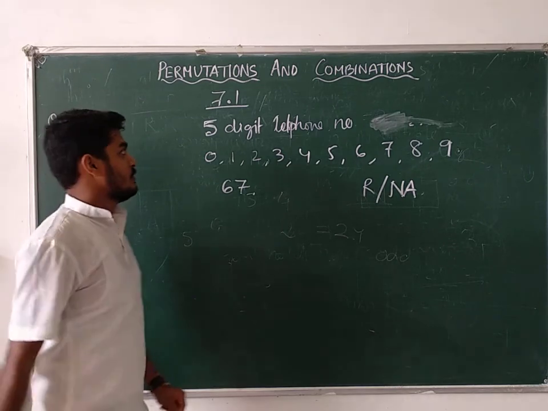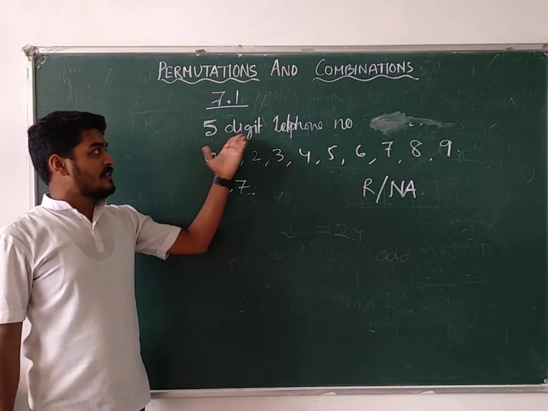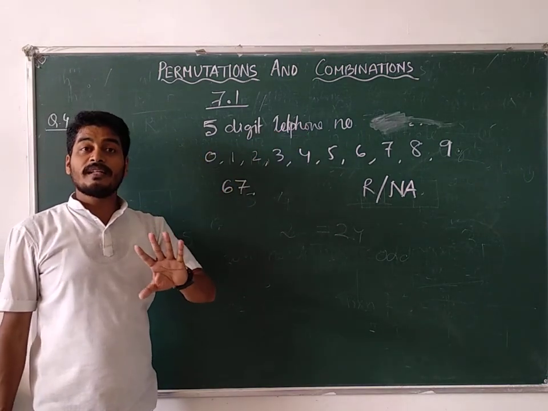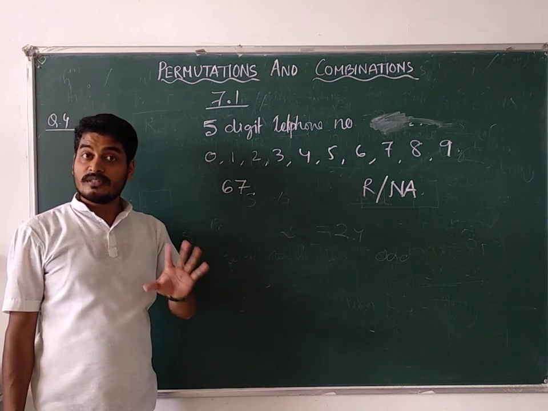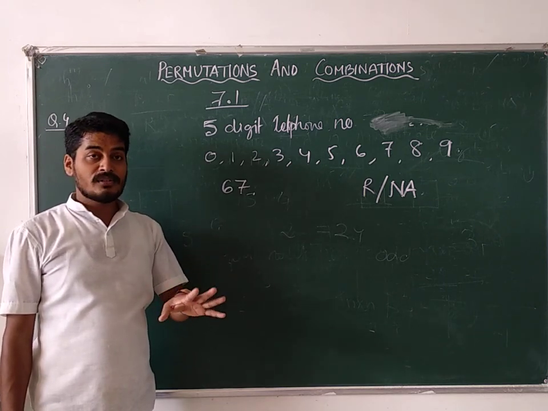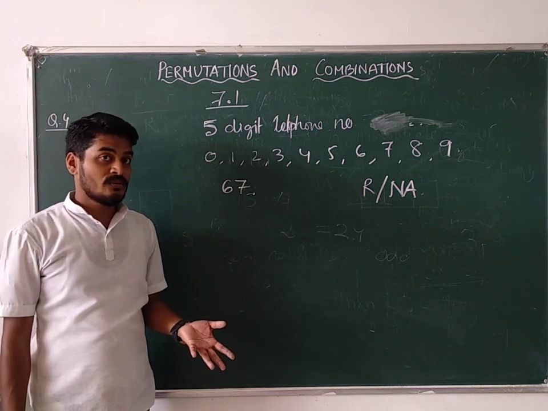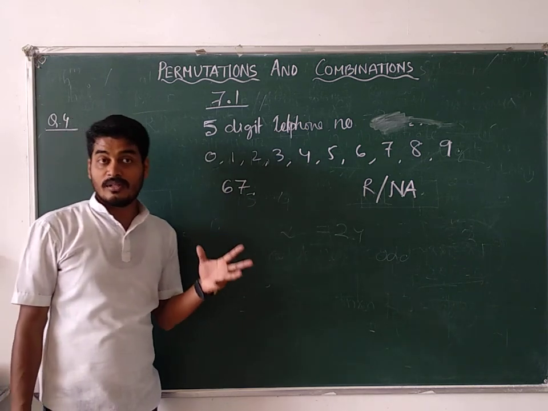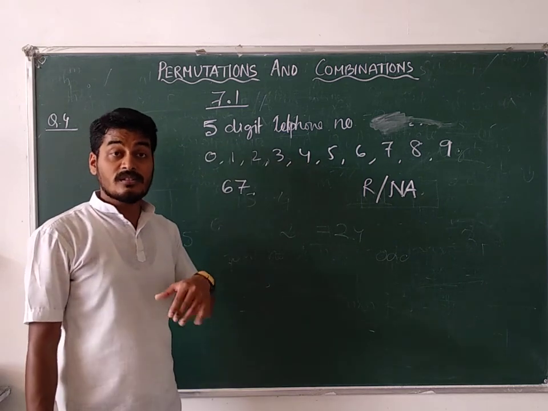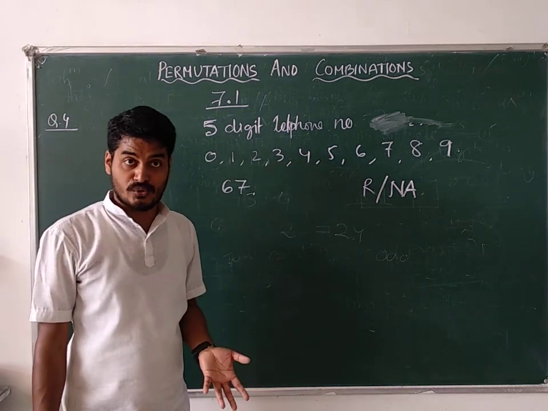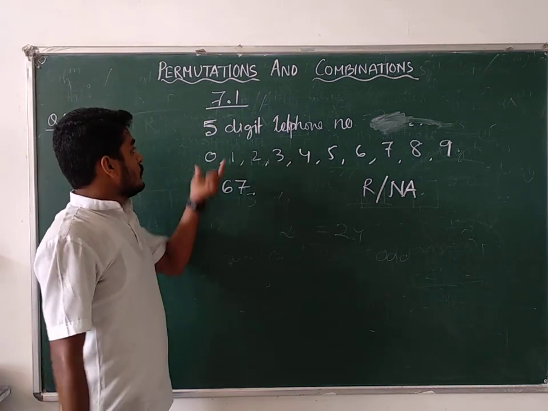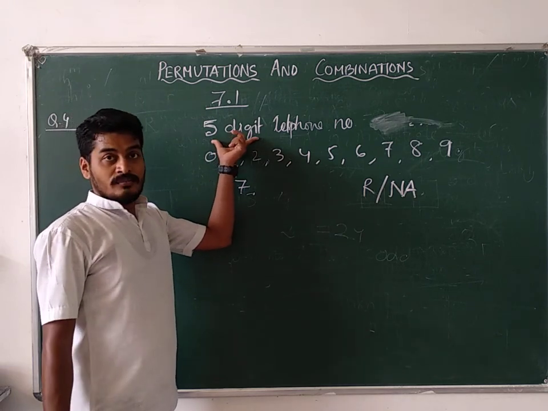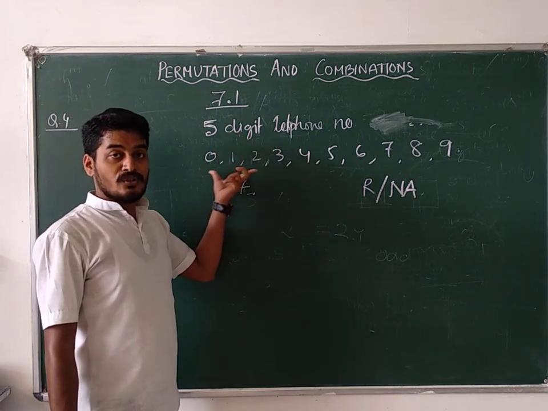Just think about the situation. You have to form a telephone number. Don't think that the telephone number should not start with 0. You are not supposed to think like that, because telephone numbers may start with 0 also. You have to form 5-digit telephone numbers using the digits from 0 to 9.